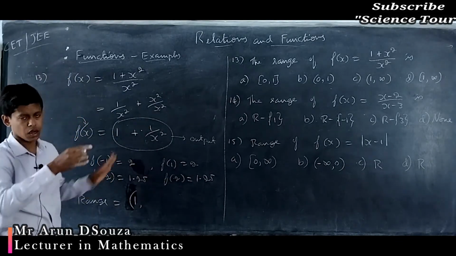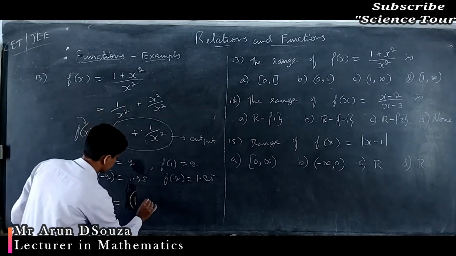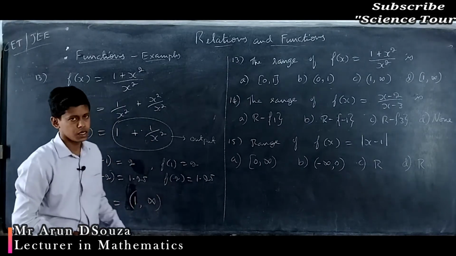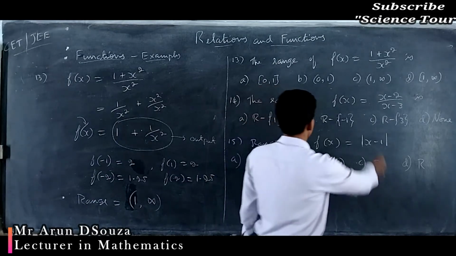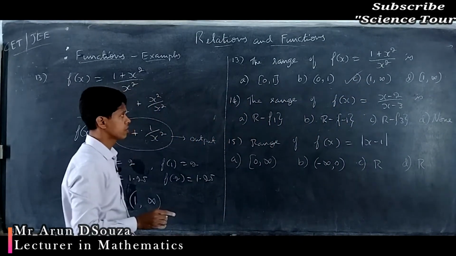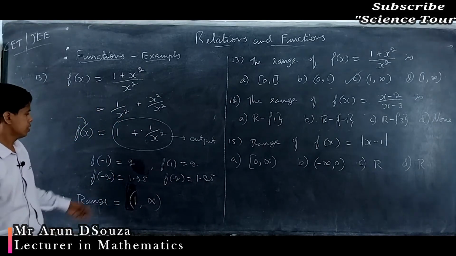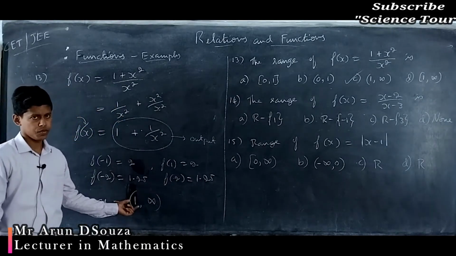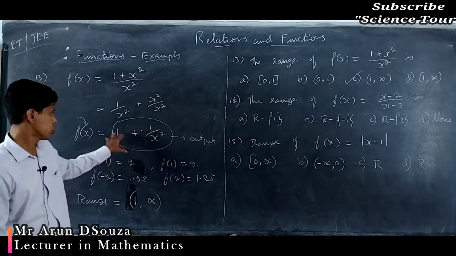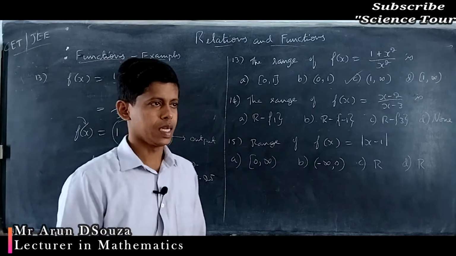You will get any 1000 crore, 10 crore, you will get anything. So you will get infinity. The maximum is infinity. Therefore option C is the right choice, and 1 is not included. It is open, because this is never 0. You won't achieve 1. Above 1 you will always get.